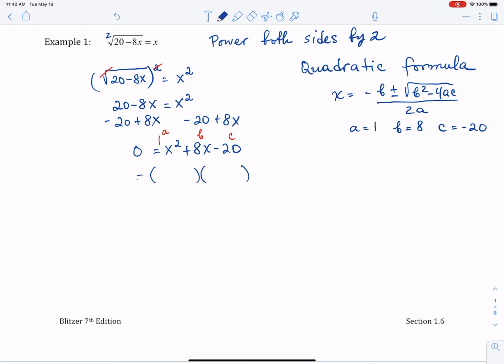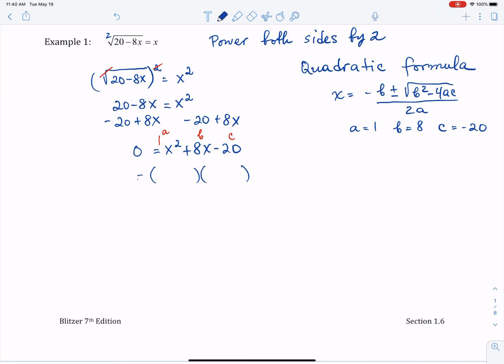It is always recommended to check back through FOIL, through distribution. X times x is x squared, x times negative 2 is negative 2x, 10 times x is positive 10x, and 10 times negative 2 is negative 20. We see that this is 8x, so we were able to factor it correctly.